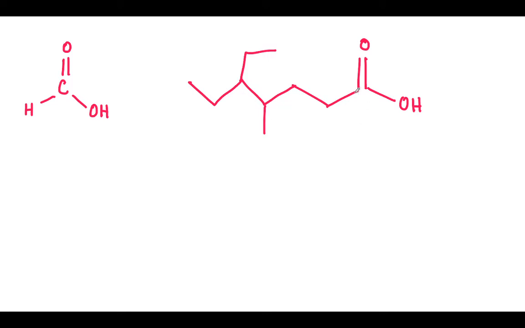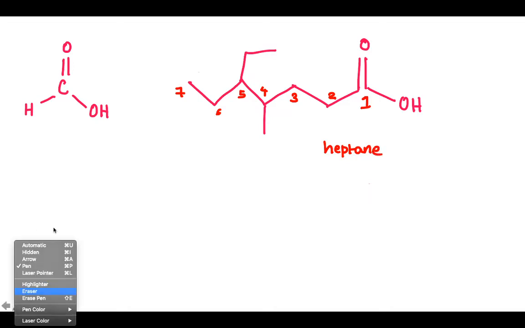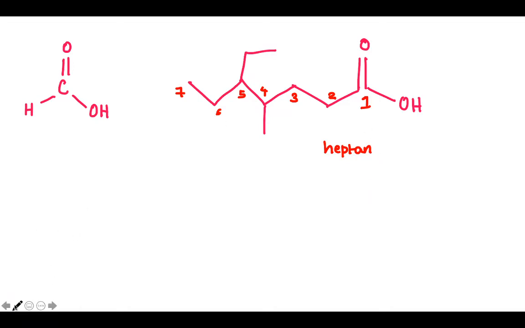So the carbon that the carboxylic acid is on is going to be carbon number 1, and then carbon number 2, 3, 4, 5, 6, 7. So I've got hept as my prefix, right? If it's an alkane name, it would be heptane. But we want to get rid of that E and add our carboxylic acid ending. And our carboxylic acid ending is heptanoic acid.